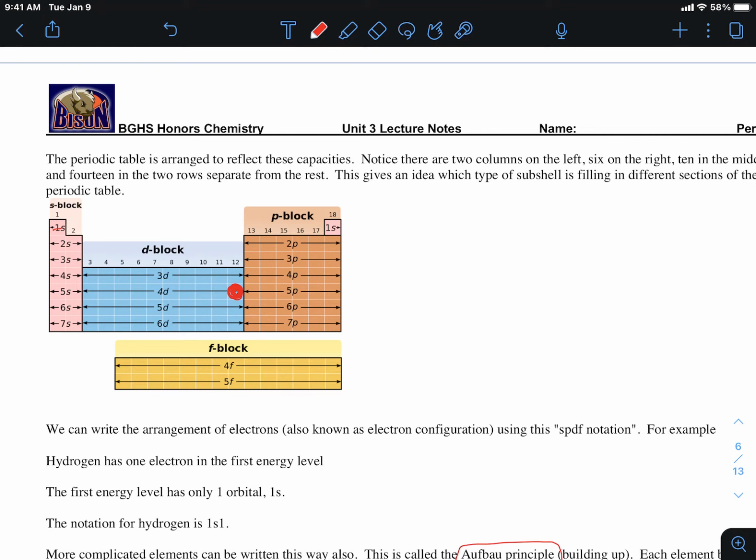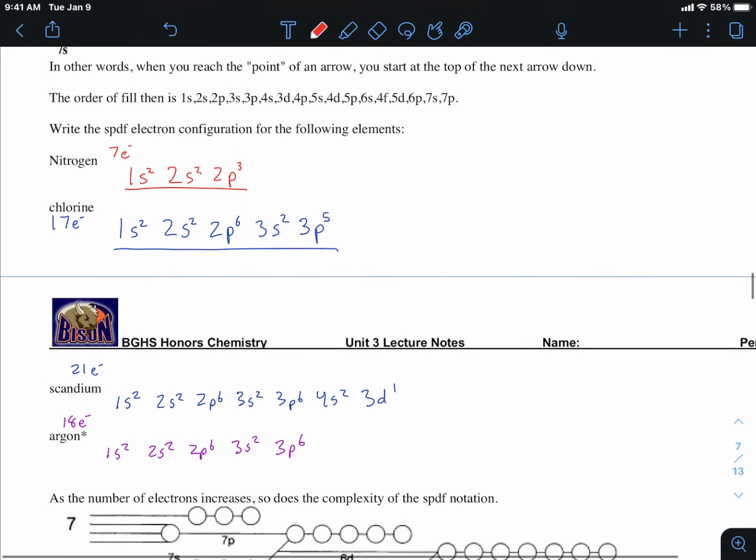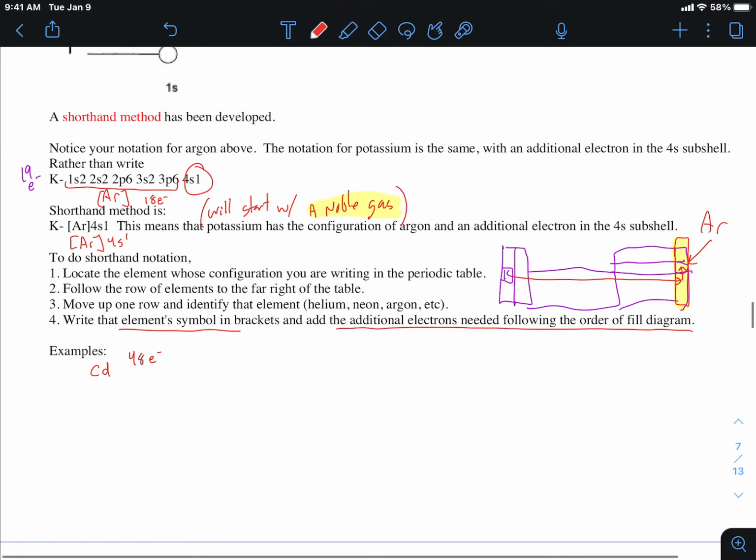If we move all the way to the right and then move up 1, that puts you in this box right here. Can you find the element that's in that box? That is krypton, and krypton's atomic number is 36. So we write krypton in brackets, and we understand that krypton represents 36 electrons.